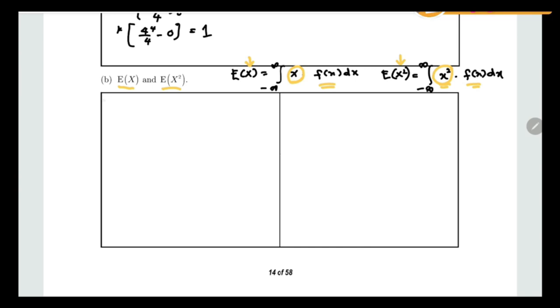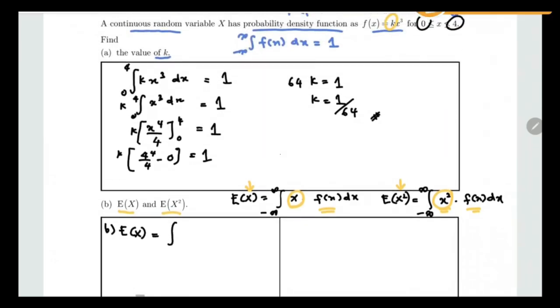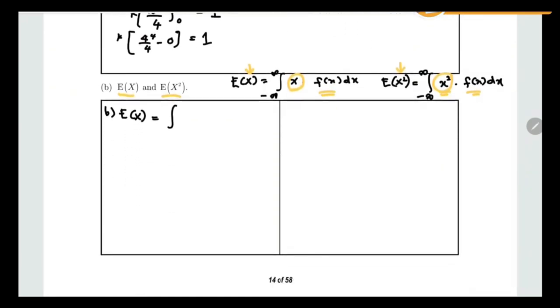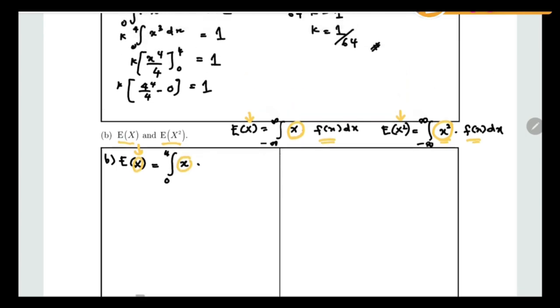Okay, so continue with the question. Example 6 part B. We are going to find the expected value of x. So the expected value of x equals the integration from the lowest limit, which for this example is 0, to the uppermost limit, which is 4. And we have to multiply by x, since we are finding the expected value of x, with the function f(x).